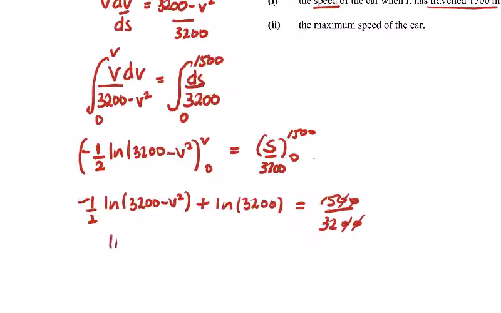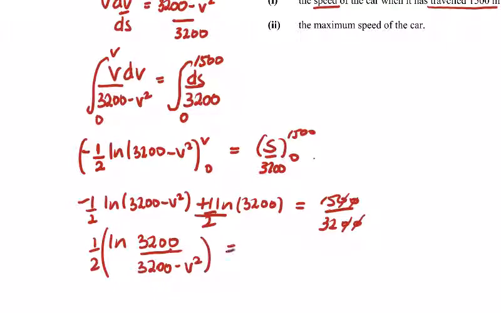So this will be the natural log, the plus one first, 3200 over 3200 minus v squared. I've left out my half here. So half times the natural log of 3200 over 3200 minus v squared will be equal to 15 over 32. I could multiply by 2 and get 30 over 32.